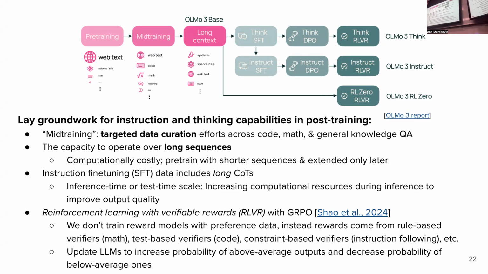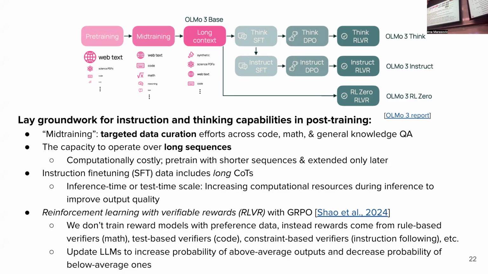And for some of the instruction fine-tuning stuff, you can use constraints and see whether the model satisfies them, which is also a rule-based reward. So we don't actually train reward models in this last stage. Rather, we use these verifiable things.